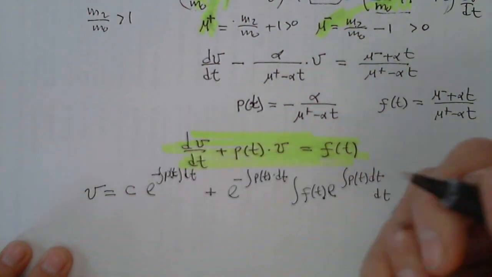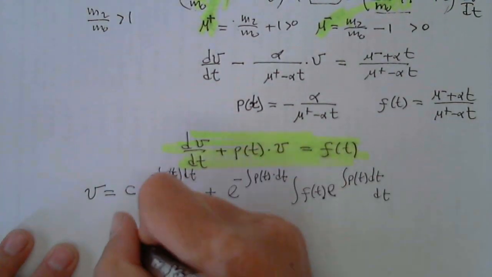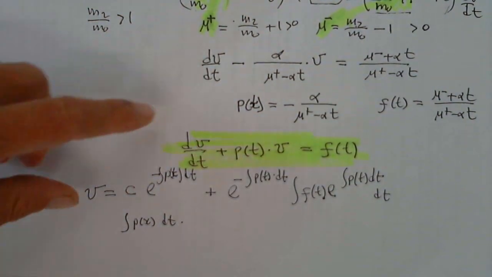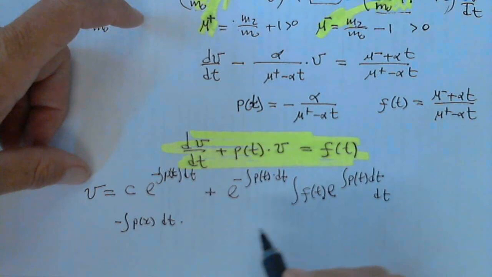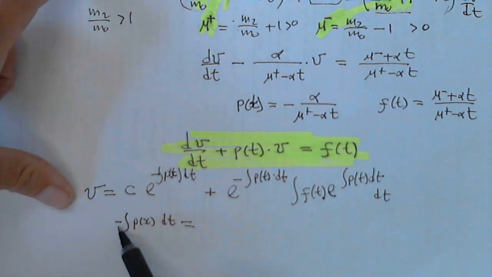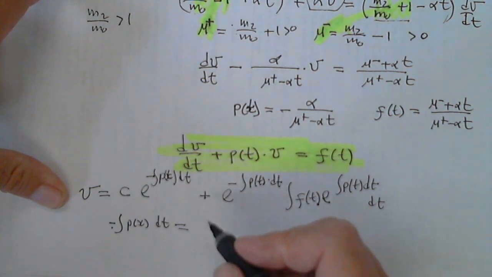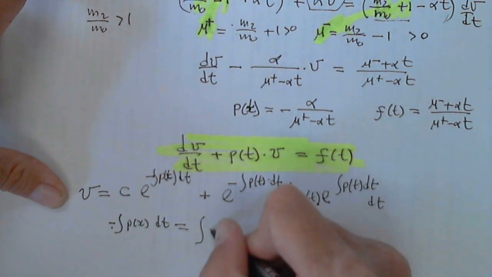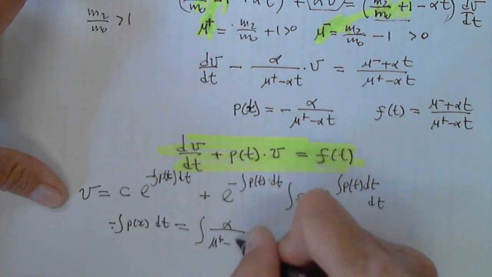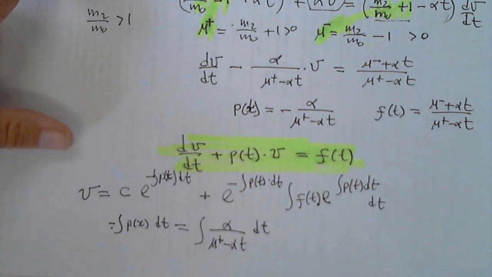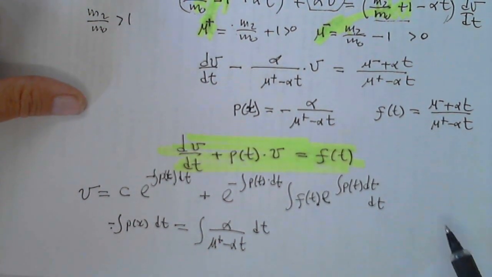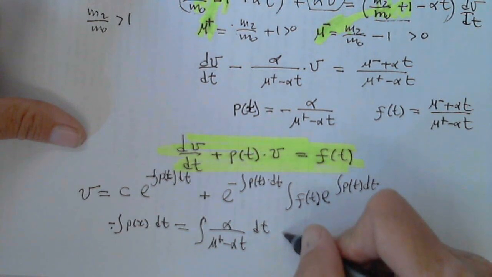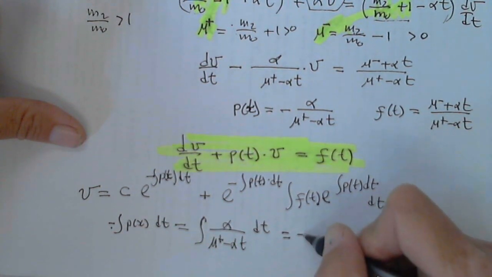We need to find this integral. I will put it with the minus, and this negative and this negative cancel out, and I get to integrate alpha dt, and now when I integrate, this can be written with a negative here again.